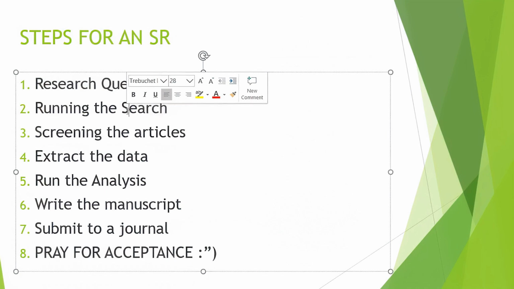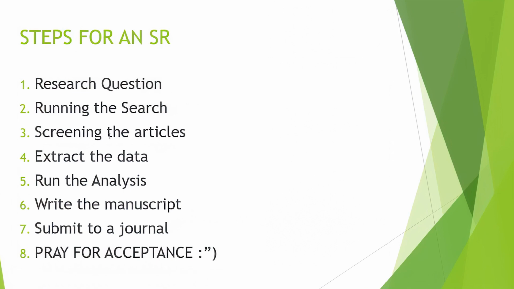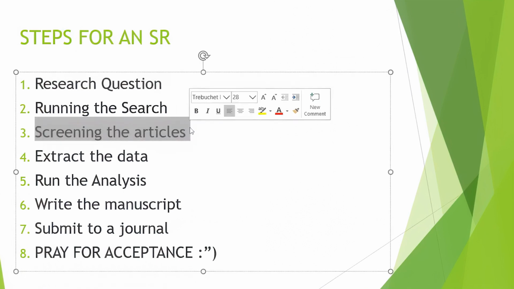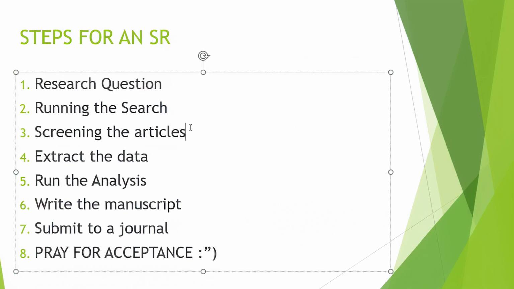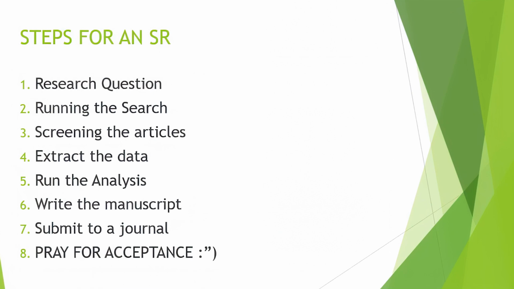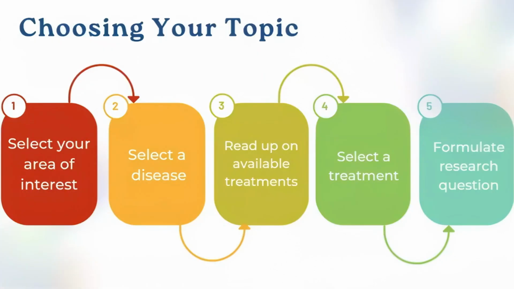Then you need to screen all of the articles to find the ones which are relevant to you, which you need to include. Then you're going to get the data from them. Lastly, you're going to run analysis, write the manuscript, submit to a journal, and pray for acceptance. But the main thing is to get the publication in a journal. If you can't get it out of this meta-analysis, then to be honest, it's not much of a use, is it?